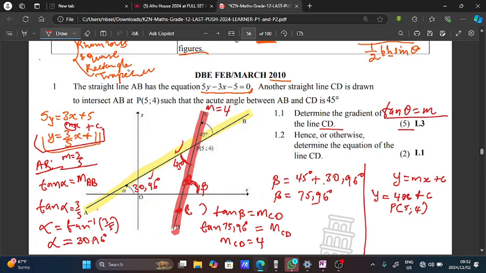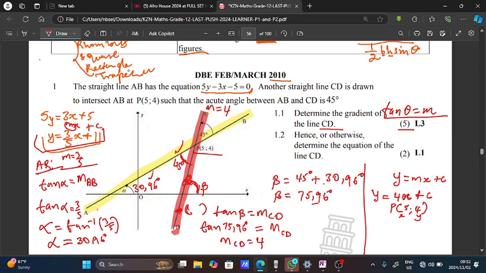So say at point P, we know that is x, that is y, again. So now for us to get c, we substitute the x and the y of the point on the line CD. We find only one point, which is P here.